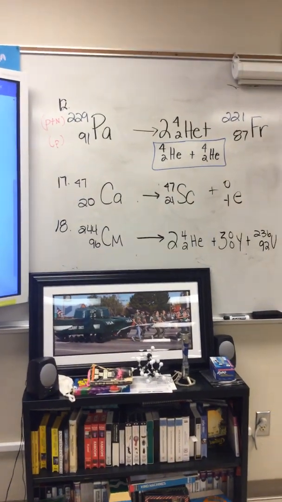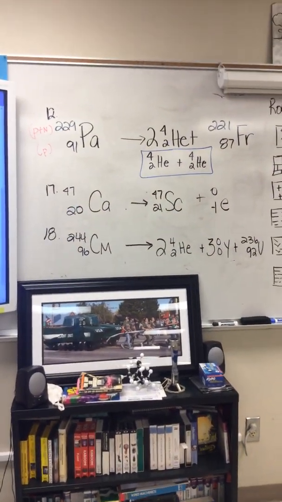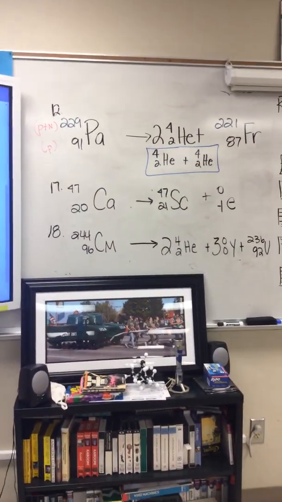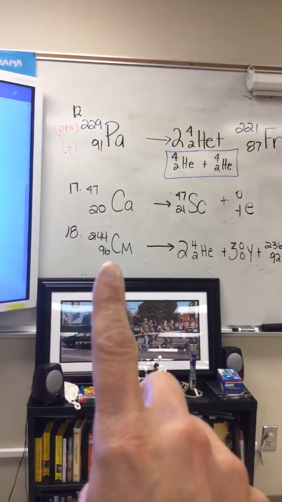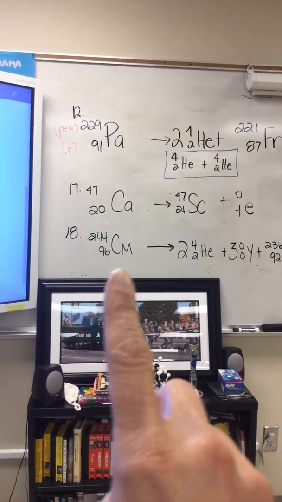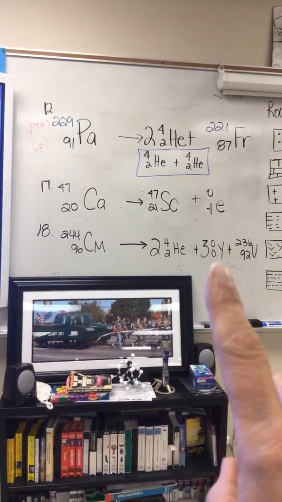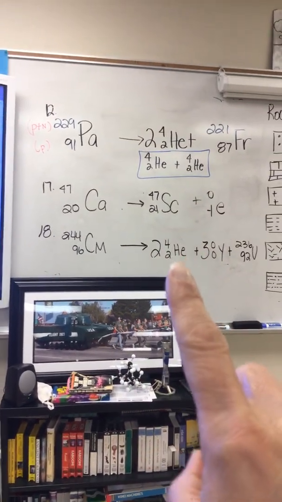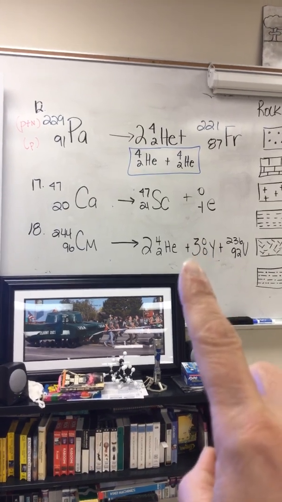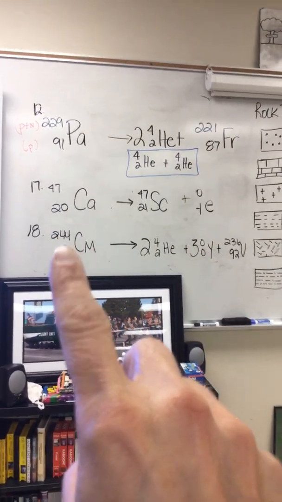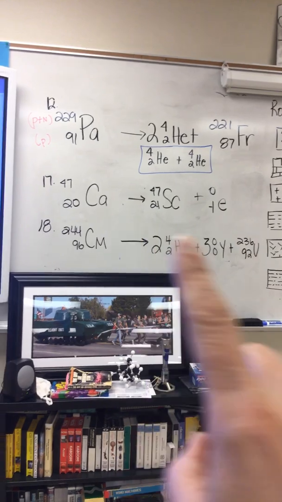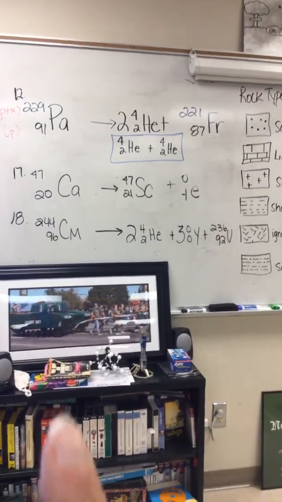And lastly, we'll do number 18 together. What new element is formed when curium-244, so that's my starting point, emits 2 alpha particles and 3 gamma rays? There's my 2 alphas, there's my 3 gammas. When I do all of my math, 244 is what I have to end up with for my mass number.